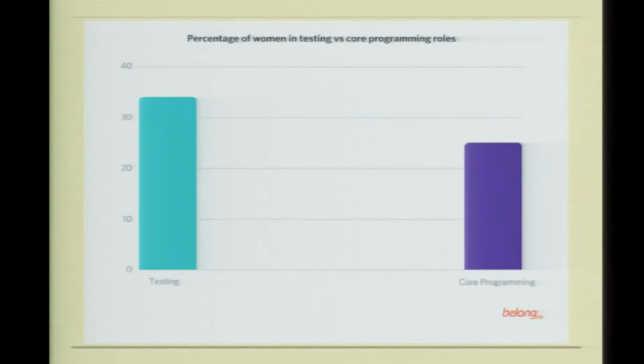The percentage of women in testing is more than in core programming or engineering roles, whereas according to the statistics, the jobs in software testing are fewer than in core programming. So these are some of the reasons women should look into, and they should start participating in technology and programming.